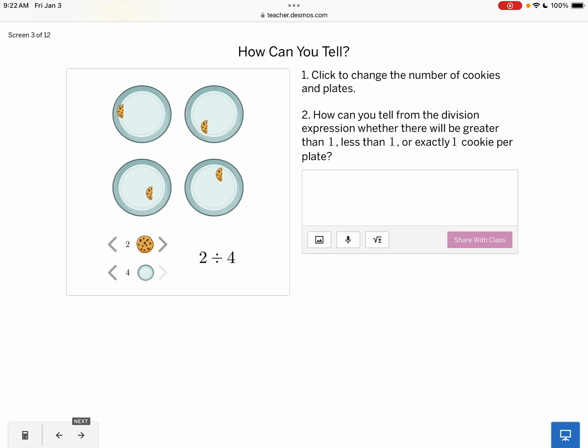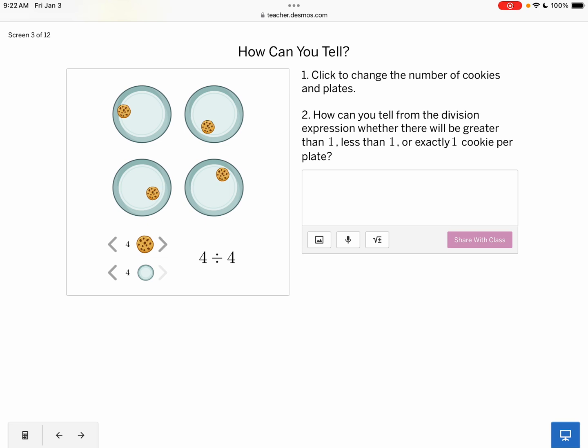Next slide. Click to change the number of cookies and plates. How can you tell from the division expression whether there will be greater than 1, less than 1, or exactly 1 cookie per plate? Well, right now I have 3 cookies and 4 plates, and I notice that each plate doesn't quite have a cookie.